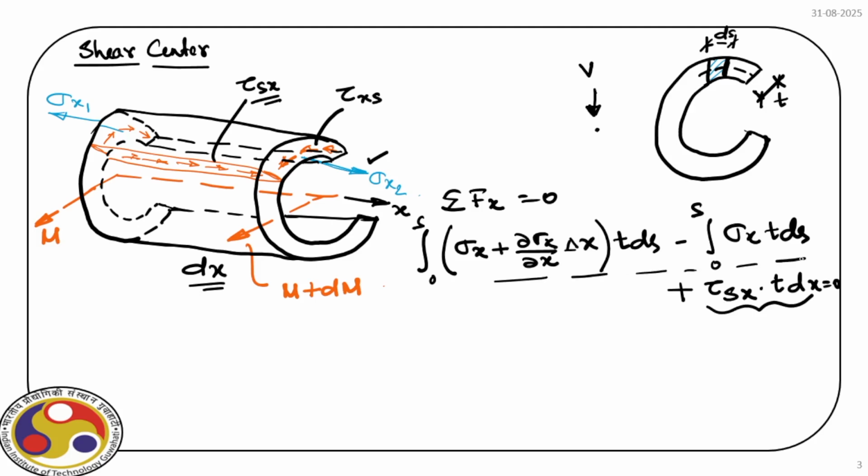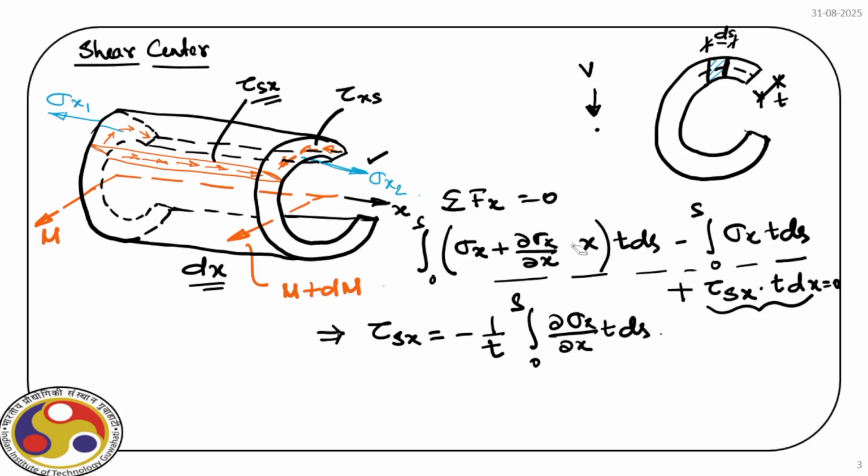So this is the balancing force which is actually balancing this unbalanced force. So what we get effectively for this arbitrary cross section is tau sx equal to minus 1 by t integral 0 to s of the differential of sigma x with respect to x times t times ds.